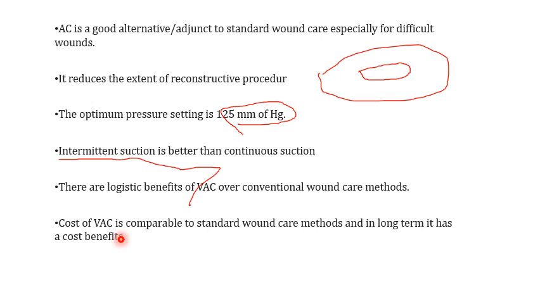So if they are going to ask you about cost, then yes, it is more expensive than your traditional saline dressings or your other antibiotic or antiseptic dressings, but definitely there are custom made methods of using this VAC, and the cost can come down very well.